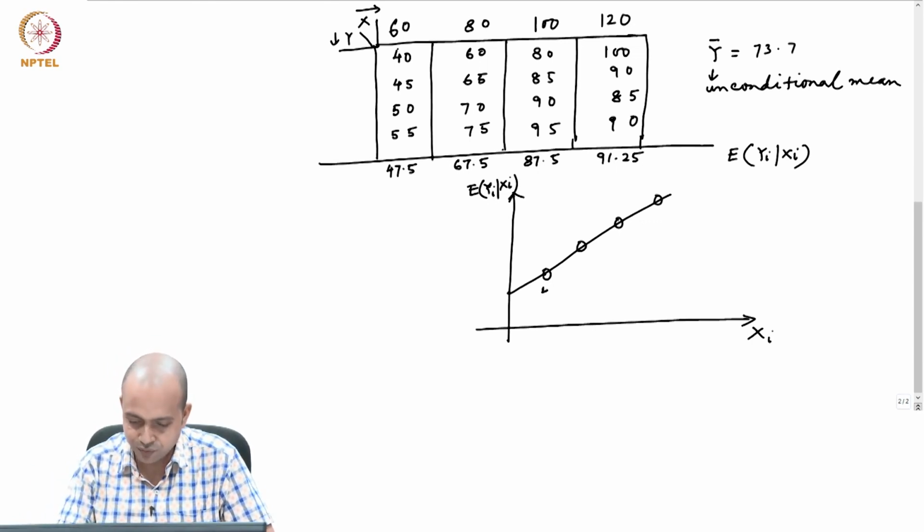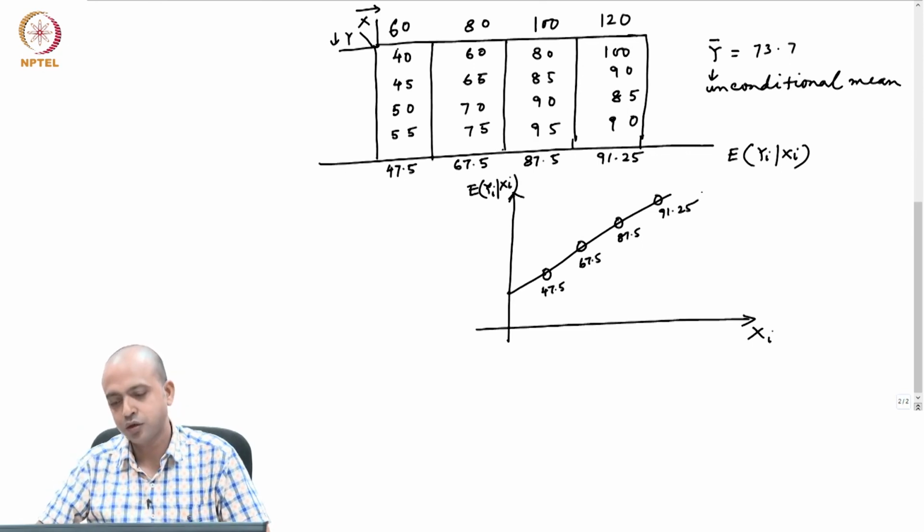This is 47.5, this is 67.5, this is 87.5 and this is 91.25.